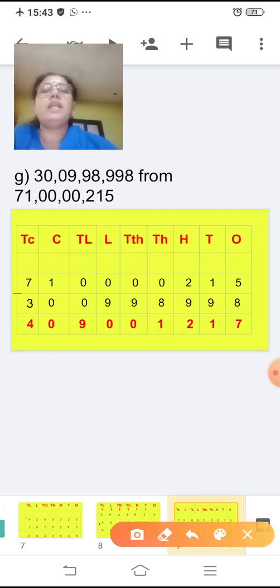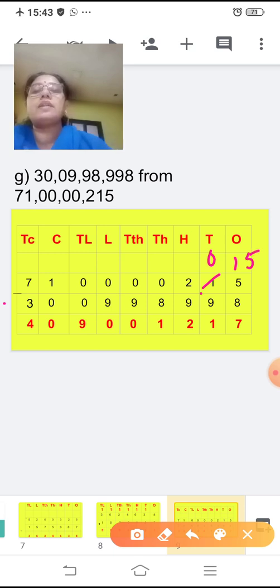When you borrow from the tens place, this will become 0 and here the number will become 15. Now 15 minus 8 is 7.